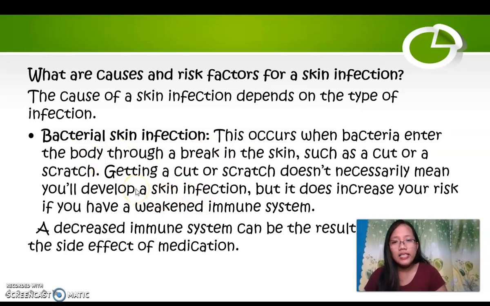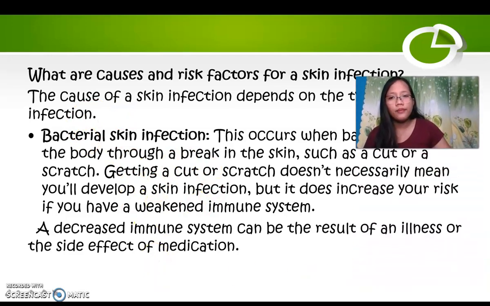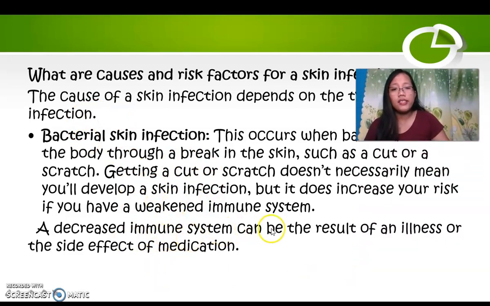Getting a cut or scratch or wound doesn't necessarily mean you'll develop a skin infection, but it does increase your risk if you have a weakened immune system. A decreased immune system can be the result of an illness or the side effect of medication.